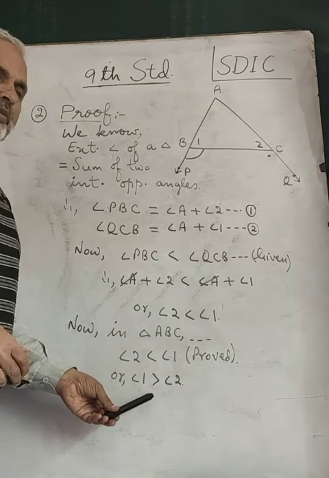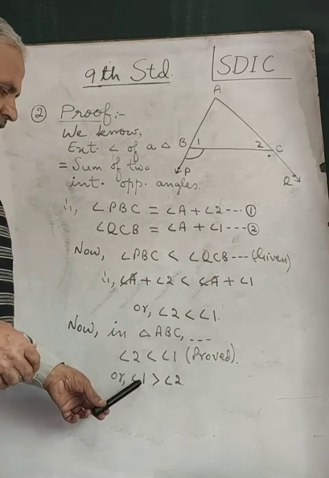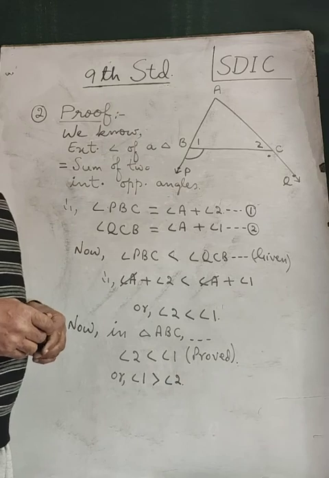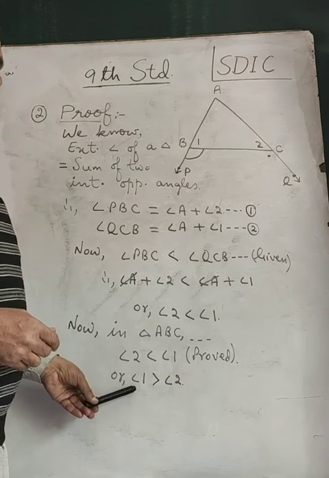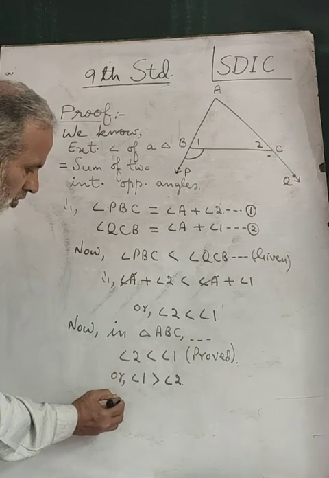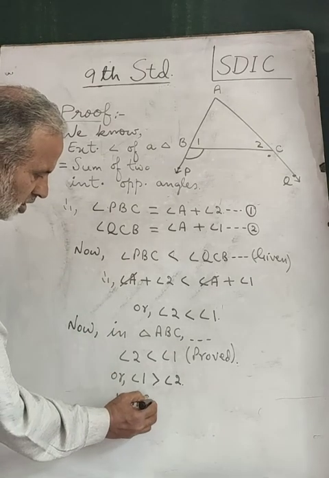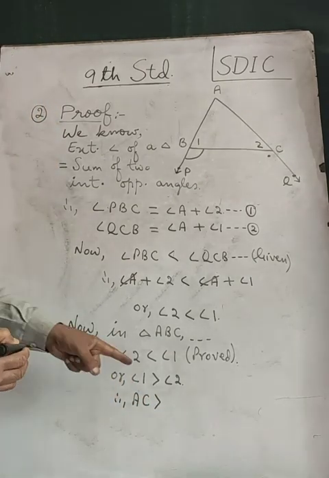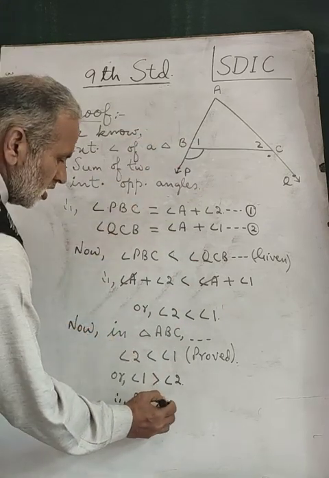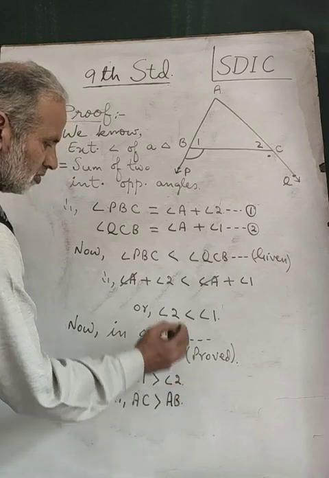And then apply the theorem: larger angle has longer side opposite to it. Angle 1 is larger and the side opposite angle 1 is AC. Therefore, AC will be larger than the side opposite to angle 2. It is AB here. So AC is larger than AB.